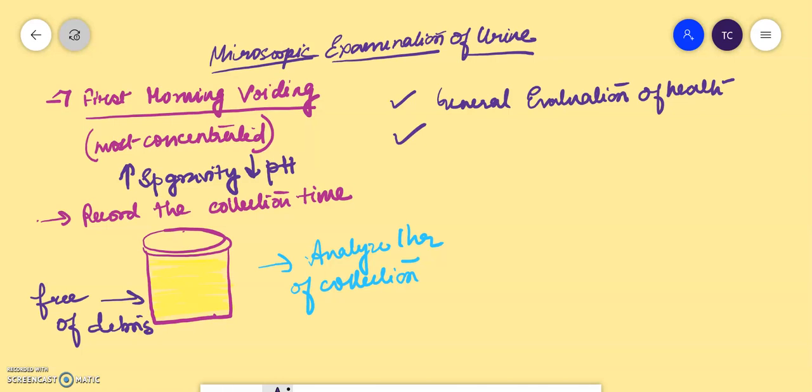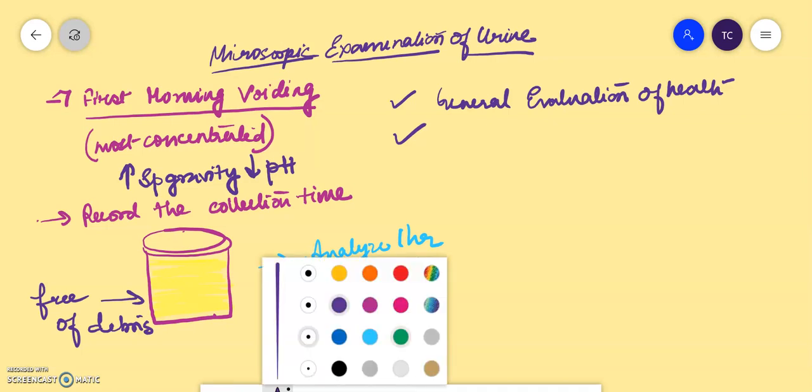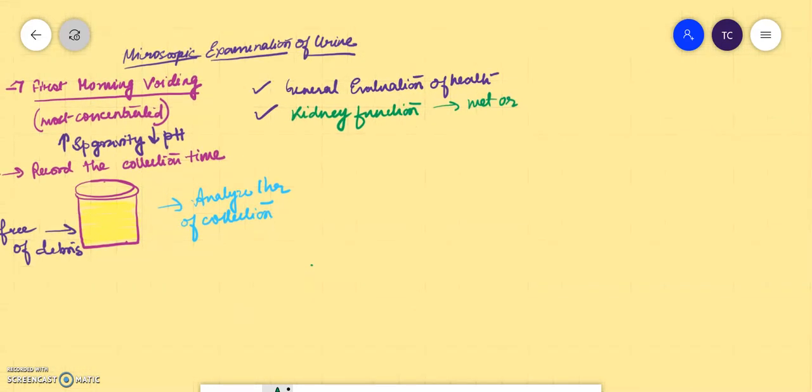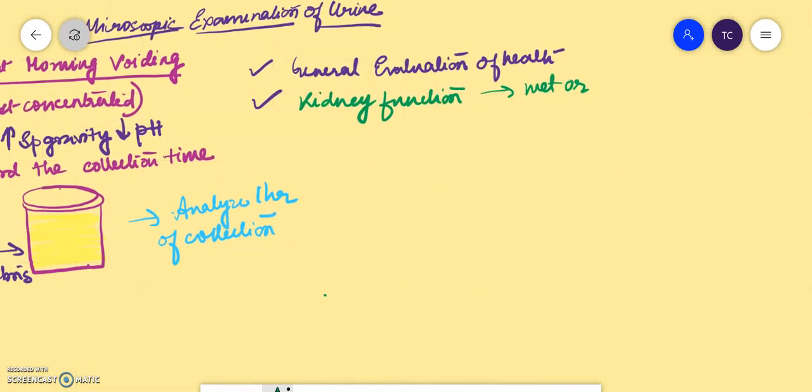So there is a problem in kidney function, and that kidney function problem is because of metabolic or systemic disease.